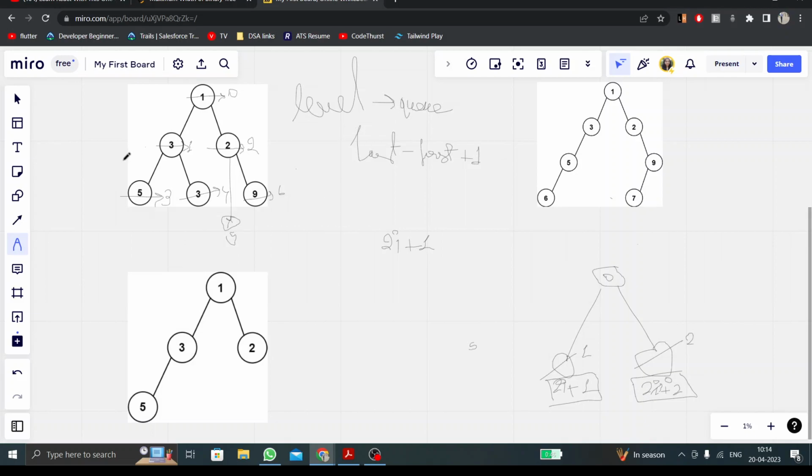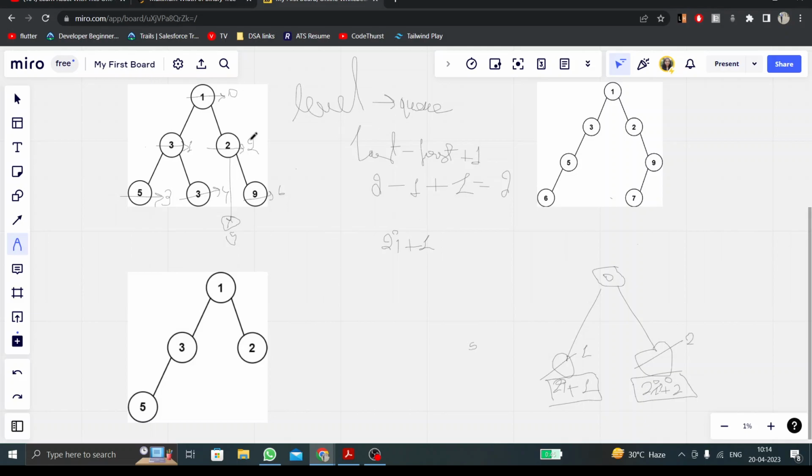Index of the last node in this level is 2, index of the first node in this level is 1, plus 1. This will give us 2, which says there are 2 nodes in this level.